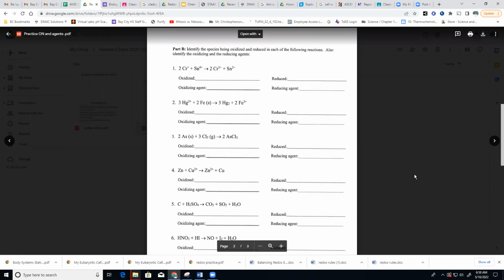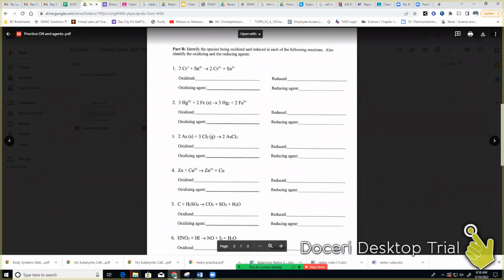All right, so if I look at this, this is an easy one because it's all ions, so it has my charges. Chromium went from a +1 to a +3. So it increased its oxidation number, so it is the one that is oxidized. If it's oxidized, it becomes the opposite type of agent. Once again, tin 4+, that's what it's telling me, and it goes to a +2.